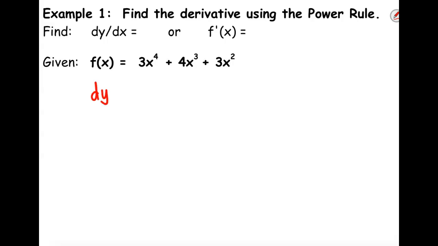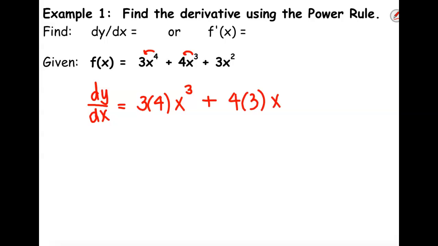Let's say dy/dx equals, we're going to bring that power down in front, so 3 times 4x, and now we subtract the exponent, so now it's an exponent of 3, plus power down in front, 4 times 3x, and now you subtract your exponent, so now it's a 2. Next one, multiply 3 times 2x to the first.